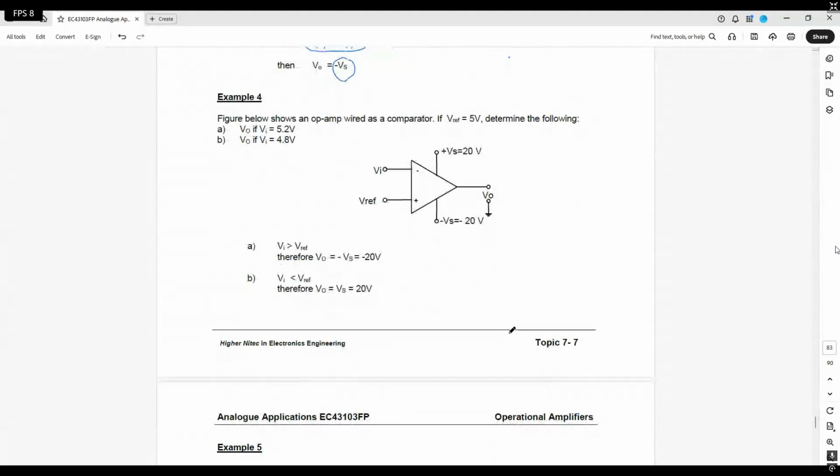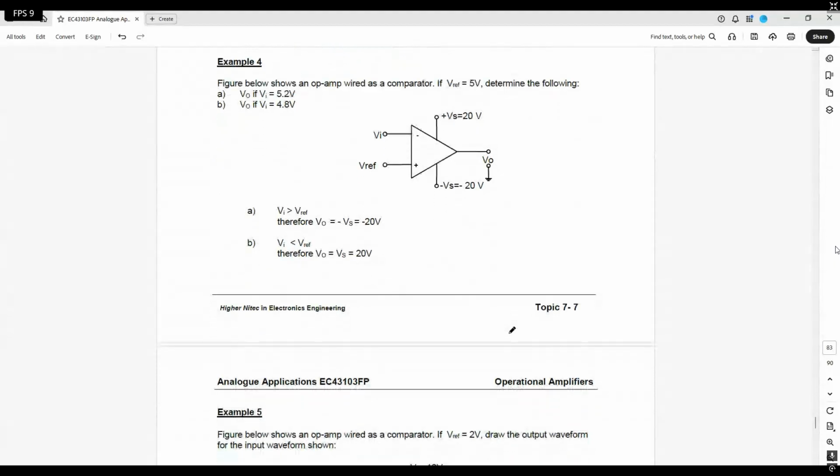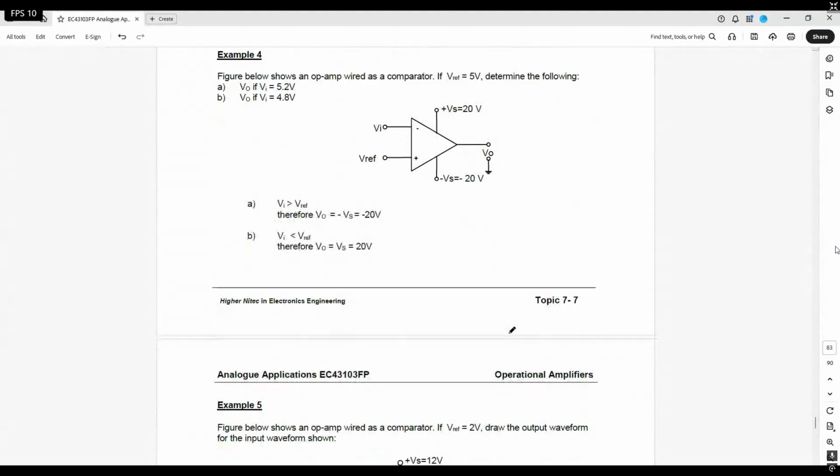Okay, so this is an example of a comparator. Hopefully, it will give you a better understanding after looking at the example. Before we start, always remember that what is given first is important. This one now I call VREF. With a comparator, we can have a reference voltage.